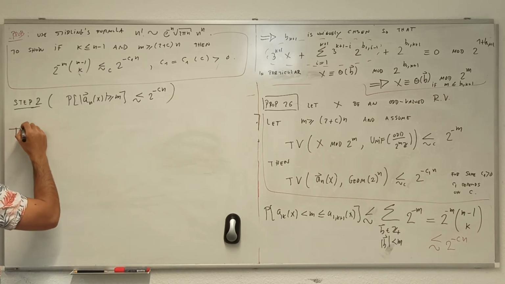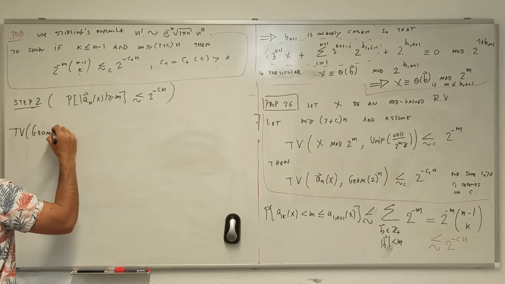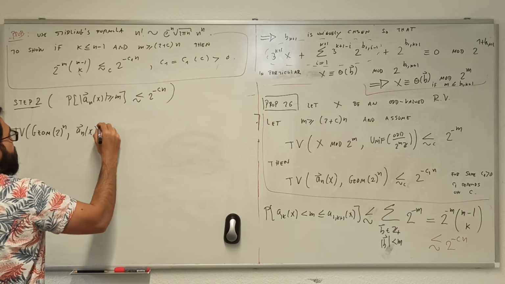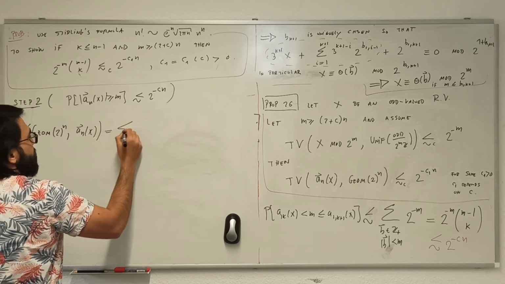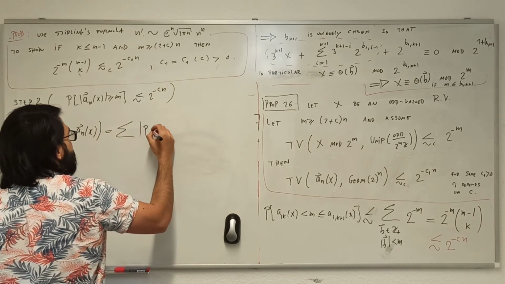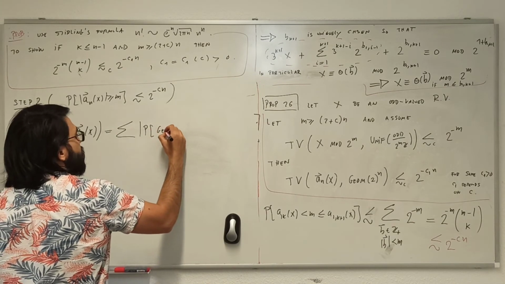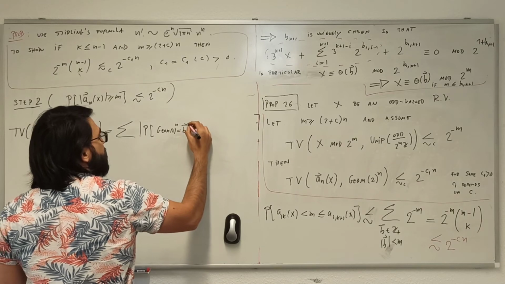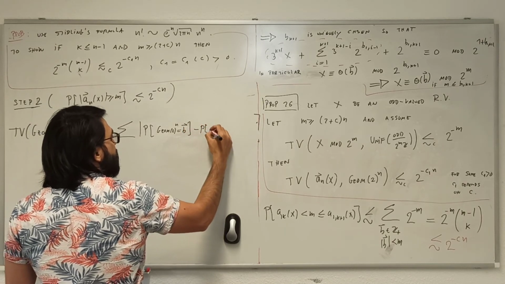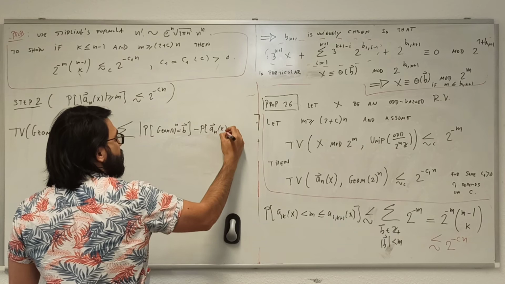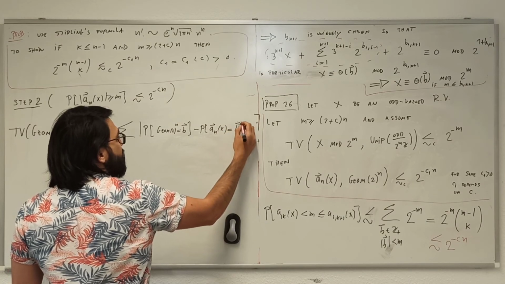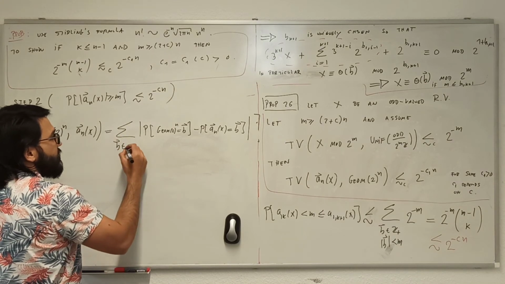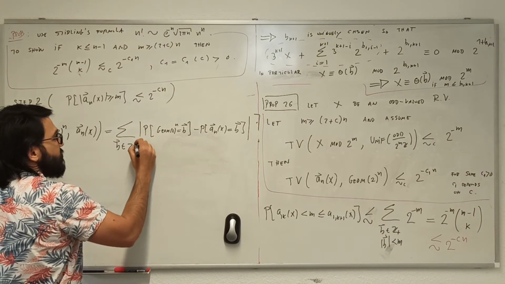So now let's estimate the total variation. It's exactly as I said, the total variation between these would be a sum of the absolute value of the probability of Geom_2(n) equals some vector b, minus the probability of A_n(x) equals some vector b, summed over all the vectors in Z plus n.